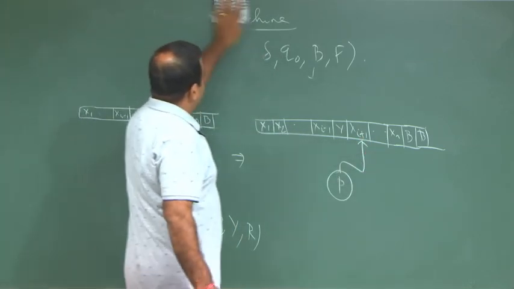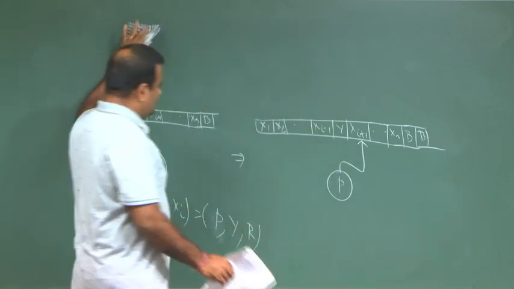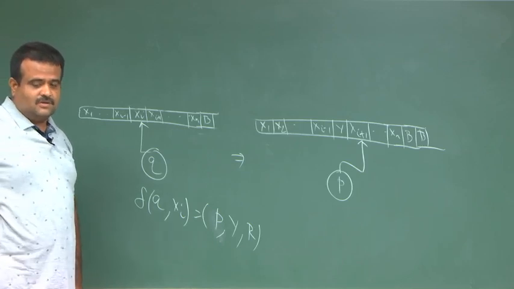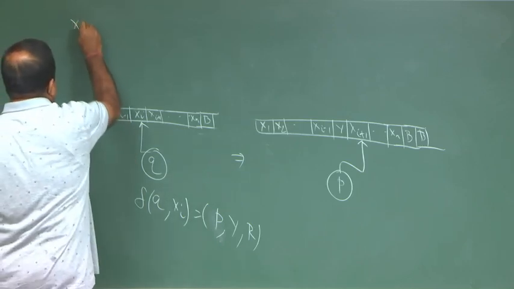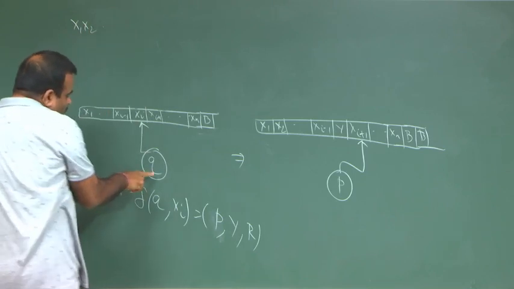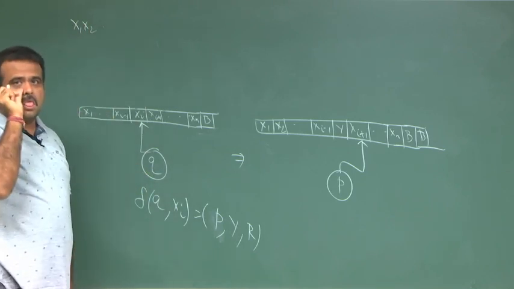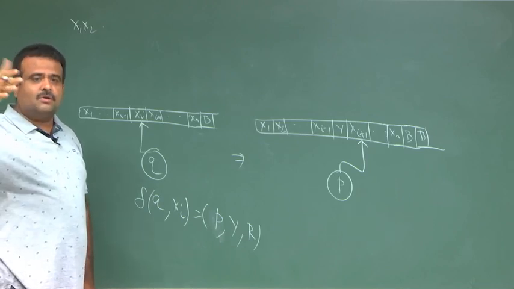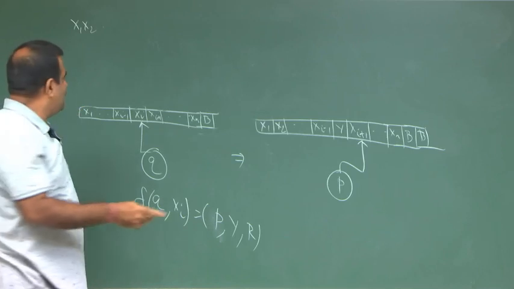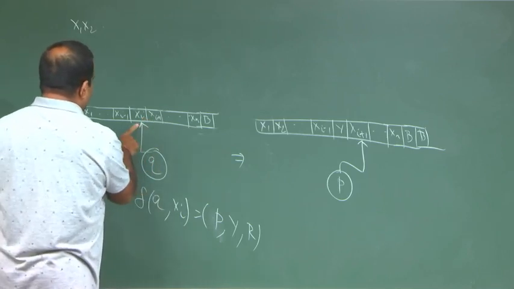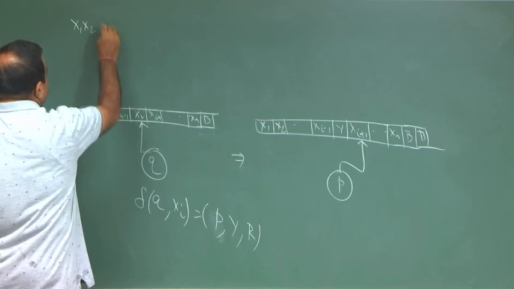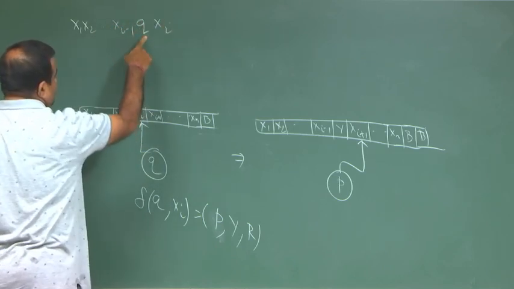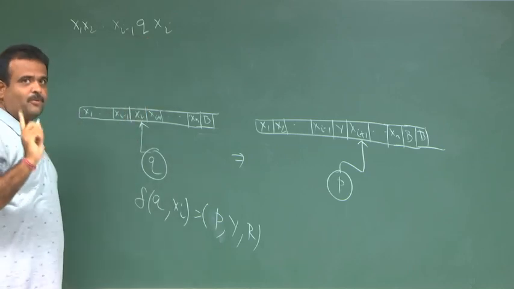In the last class we discussed the ID, the instantaneous description. We write x1, x2, and put the state symbol in such a way that the tape symbol right after the state symbol is the one the head is pointing to. Here it is pointing to xi, so we put the state before xi. This is the indication of where the tape head is pointing.